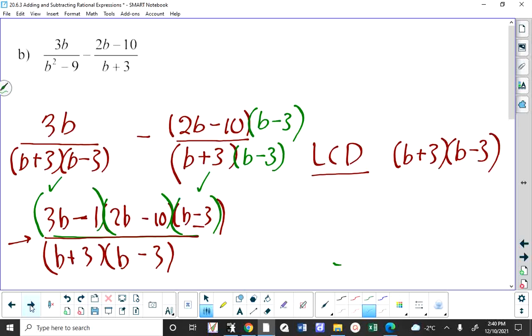Me highlighting the brackets in green is really important because you will get to this stage that you're talking about here with this arrow pointing at it, and you'll say, oh man, look at that. But that's wrong.